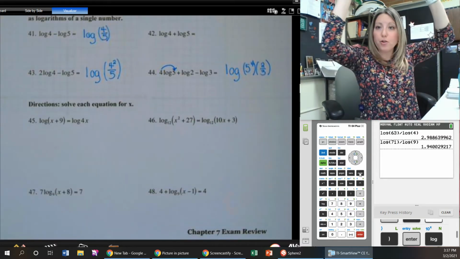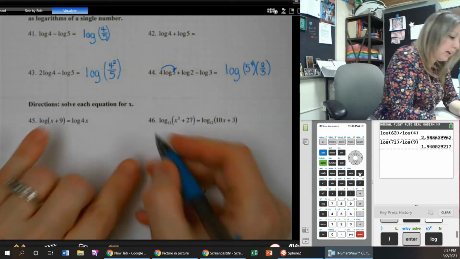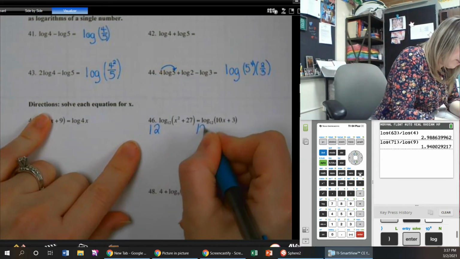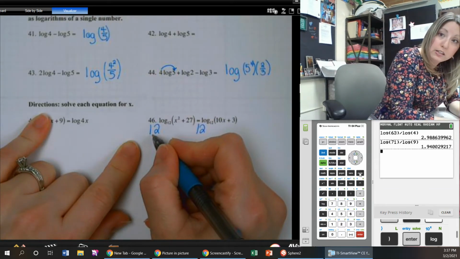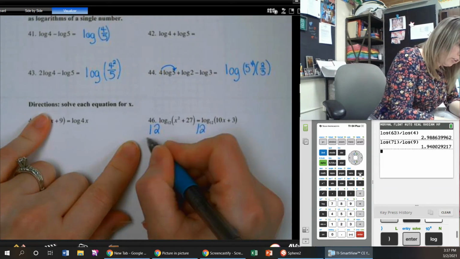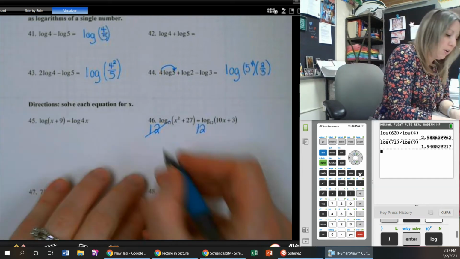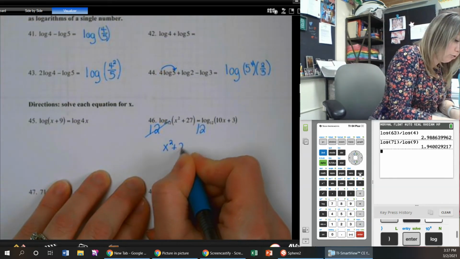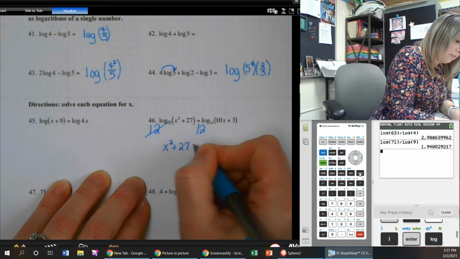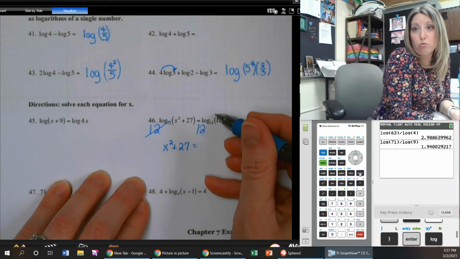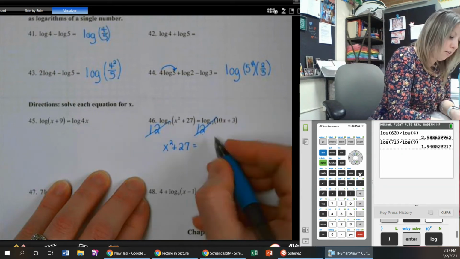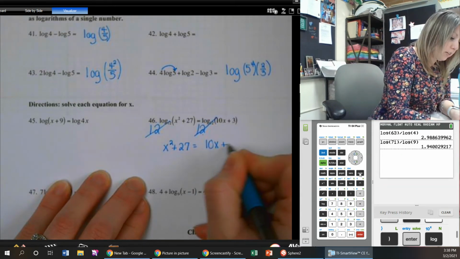Well, then I'm going to put those up in the exponent so that I can cancel those logs out. So now I've just put all this stuff up in the exponent. 12 is the exponent base. Log base 12 is the exponent. That cancels out and leaves me this x squared plus 27. Over on this side of the equal sign, same deal. 12 is the base of the exponent. I'm raised to log base 12. They cancel. 10x plus 3 is left.